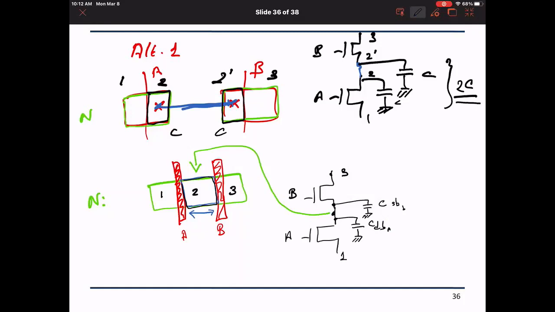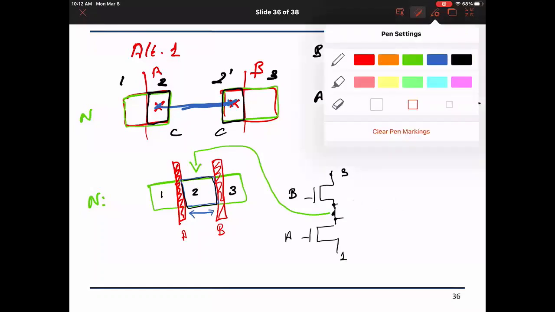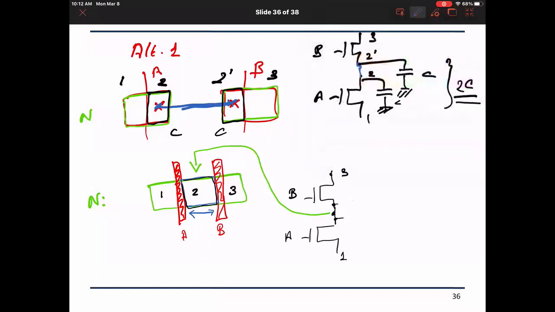Whereas in this scenario here, when I join them together, what is it? Is this shared or not? Shared, yes. It is shared. So I will have one capacitor whose value is C. So the difference starts to show: the area got smaller, because first I have to draw this and make a separation between them according to the design rules.